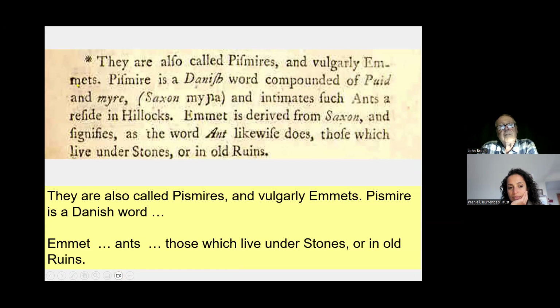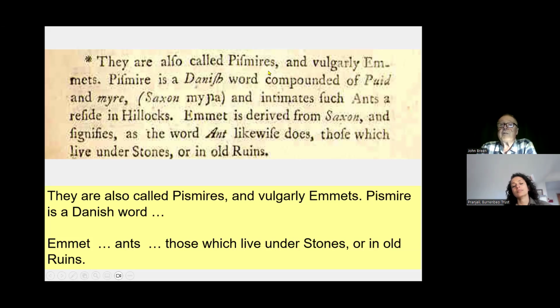And the other ant that they talk about is Emmet. We'll all have heard of Robert Emmet. But when I went to Norway, I discovered that they were called Pismaur. You have to guess what the first part of it is. I'm just saying the word piss. And maur meaning ant.